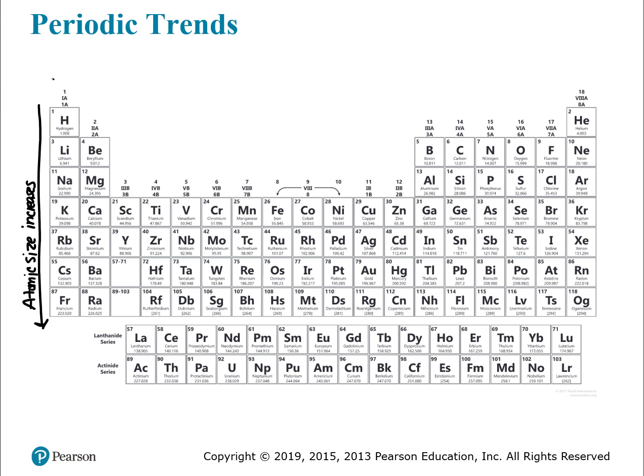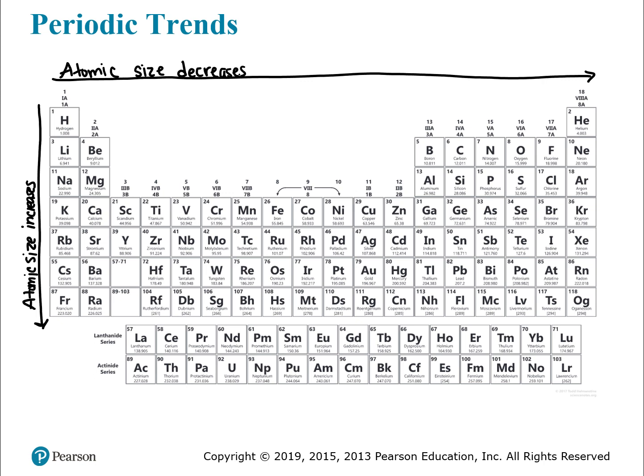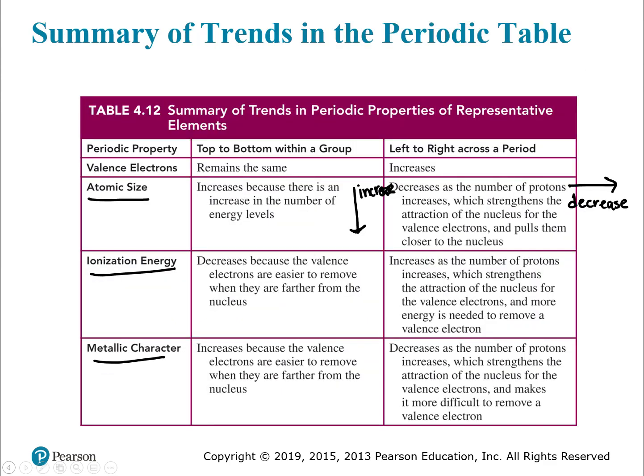And as you go from left to right, atomic size decreases. So that's the first trend. And I'm going to flip-flop between these last two slides so that I can continue to draw and show you kind of what you should have at the end of this.